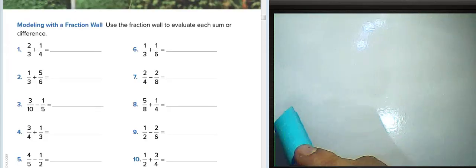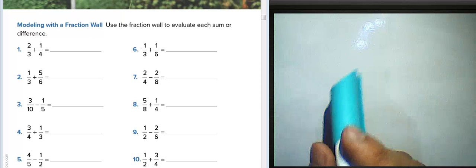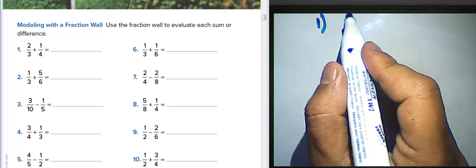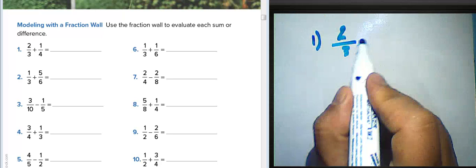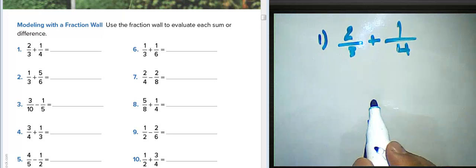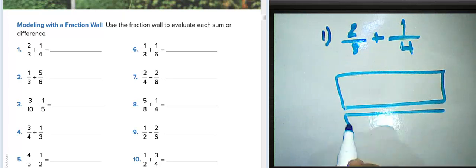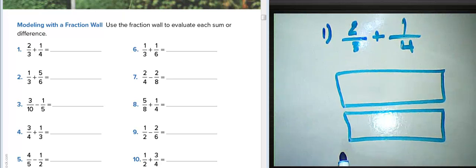Modeling with a fraction wall. Use a fraction wall to evaluate each sum or difference. Look with me at the steps of this example: 2 over 3 plus 1 over 4. I will draw two models here. Pay attention to the steps.